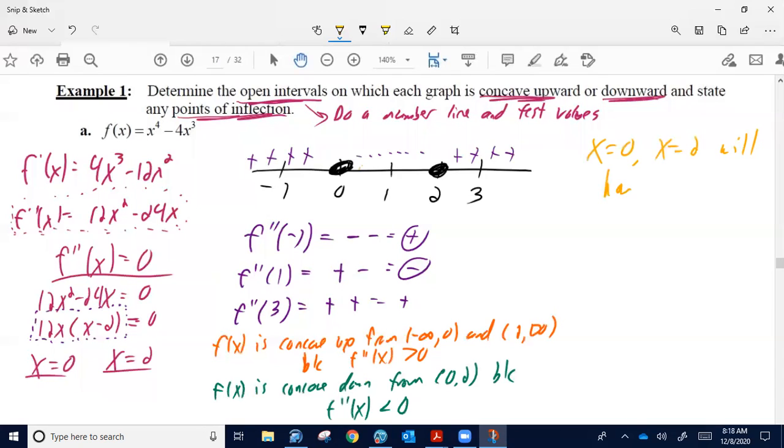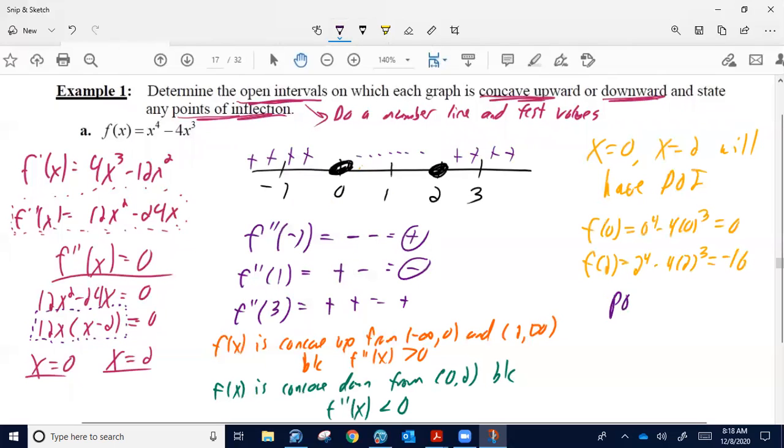We'll have POI. What's the y value with those? Well, if I want a y value, plug back in the original problem. So f of 0 equals 0 to the 4th minus 4 times 0 cubed, which is 0. And f of 2 is 2 to the 4th minus 4 times 2 cubed, which is negative 16.